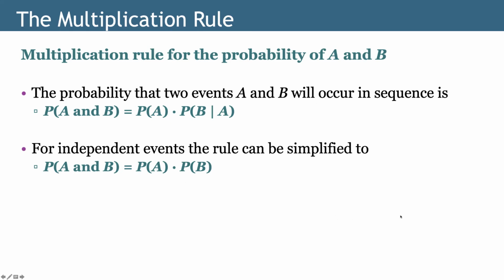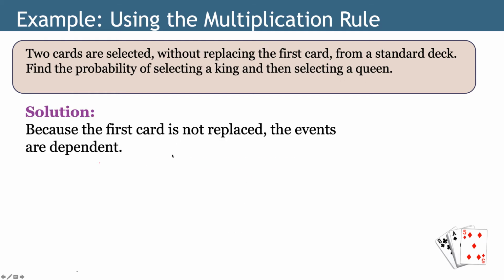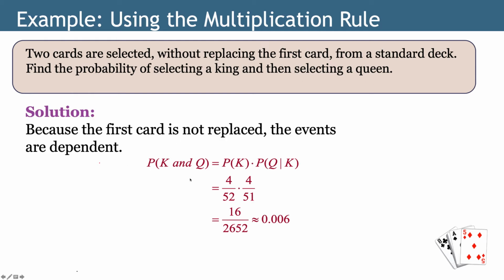So let's see two quick examples here. All right. So we're going to select some cards from a deck. What's the probability of selecting a king and then a queen? So yeah, if I take a king and keep that, there are 4 kings out of a possible 52. Now that I have that king in my hand, by the way, I'm not replacing it, right?